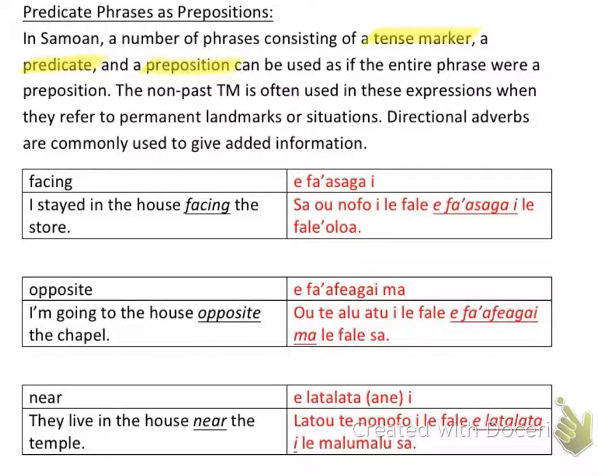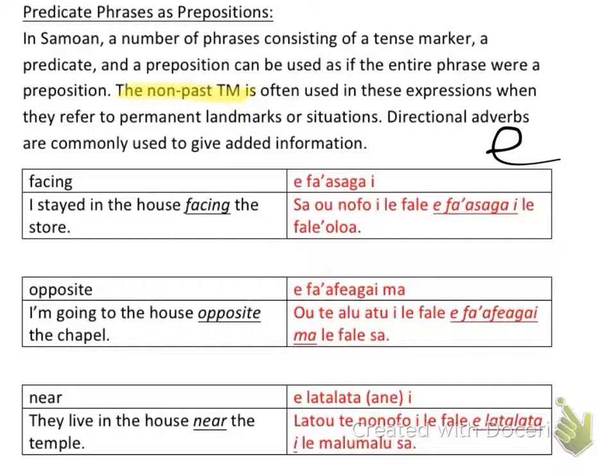So again, we'll work on that, but just know that the prepositions I'm talking about in this video consist of these three things, okay? Oftentimes the non-past tense marker is used in these expressions. What I'm saying here is the a tense marker, or maybe the te, but in these cases it's usually going to be the a, okay?